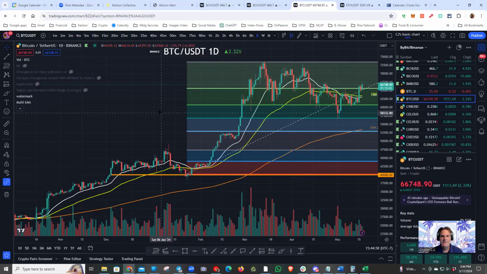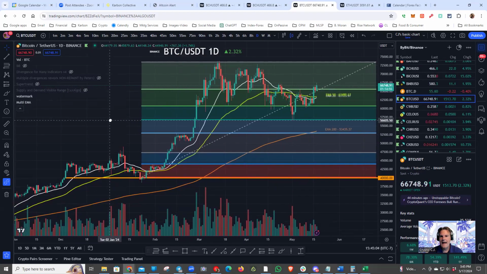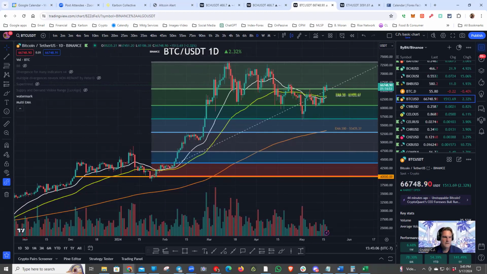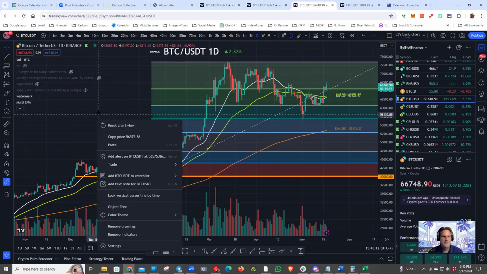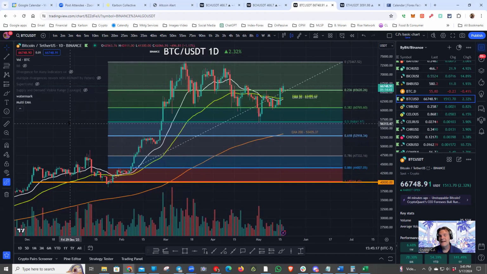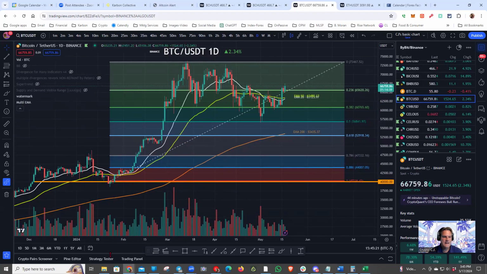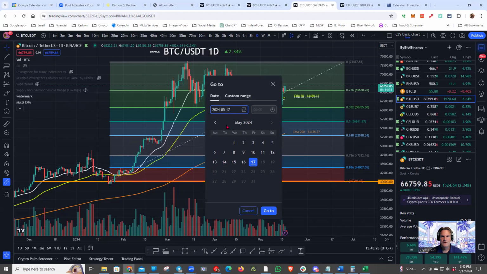But this is cutting off my fib labels, so I'm moving it over. But if it weren't for that, my days would be going back to about October. But that's not something I really take into consideration. I just want to look at the information that's in front of me. If I need to go back further, I'll just drag it back. If I want to go further than that, you can use this date function here, this go to, and just type in where you want to go, and it'll put you there.